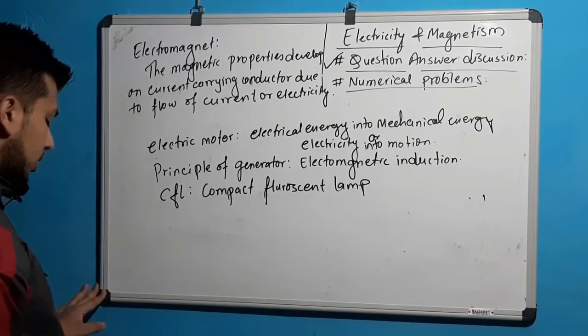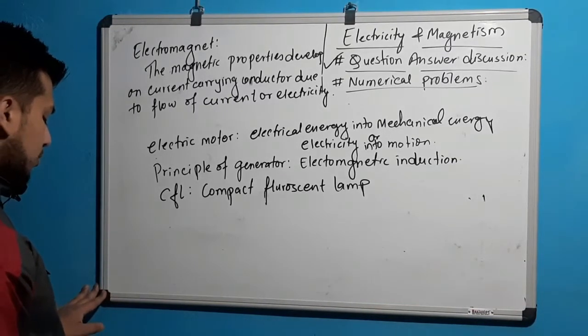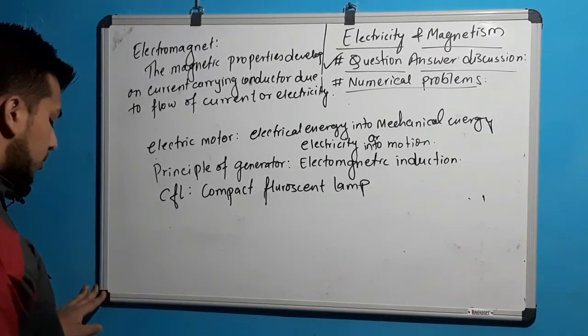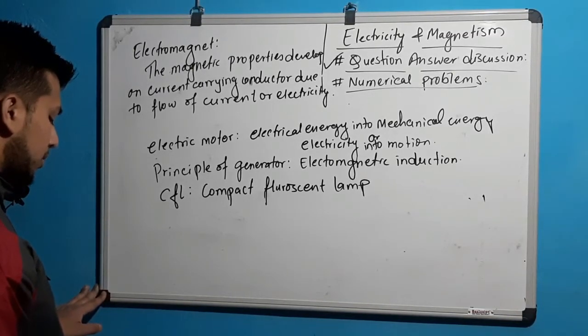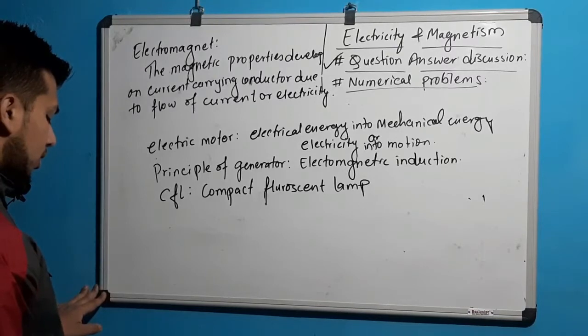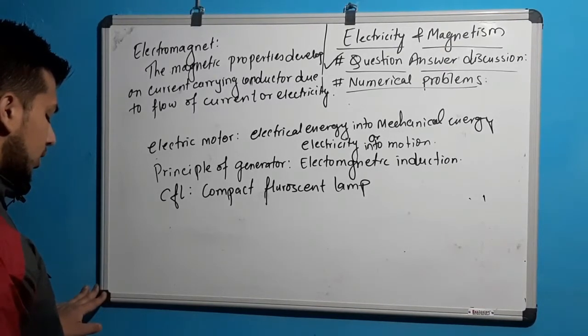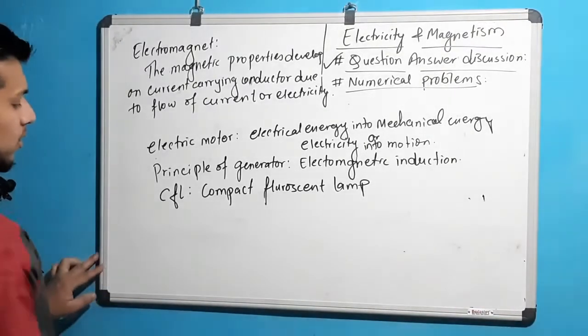The next question is, why do a 40 watt fluorescent lamp and a 40 watt filament lamp give different intensity of light?